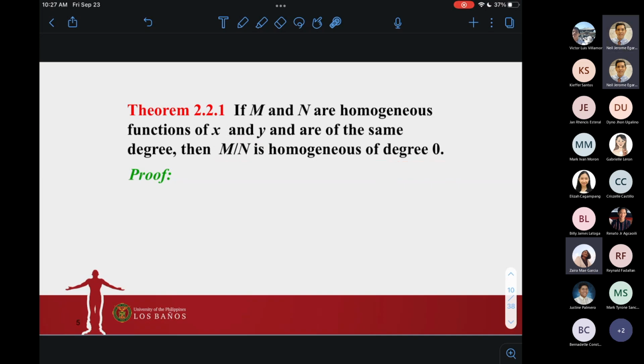Okay? So if you want to prove this, we'll start with the assumption that m and n are homogeneous of the same degree. Okay? Tapos gusto kong tingnan ano yung homogeneity or ano yung degree ng homogeneity ng m over n. Actually, the first question is, homogeneous nga ba yung m over n? Okay? But we can work it out.